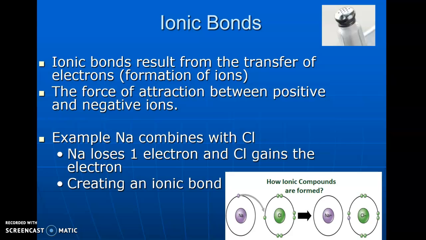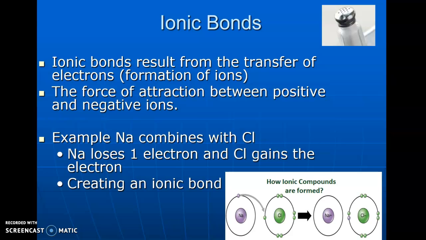What actually has to happen is we need to have one element that is willing to give away electrons with one that is wanting to gain electrons. So when we look at ionic bonds, what we are looking at are chemical reactions happening between the givers of electrons, the metals, and the takers of electrons, the nonmetals.